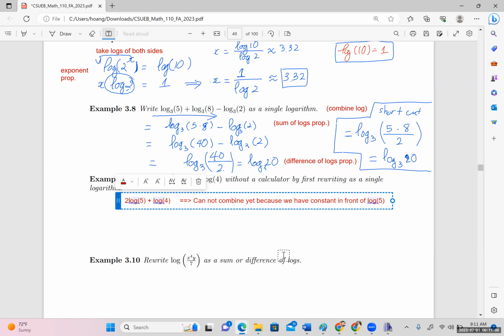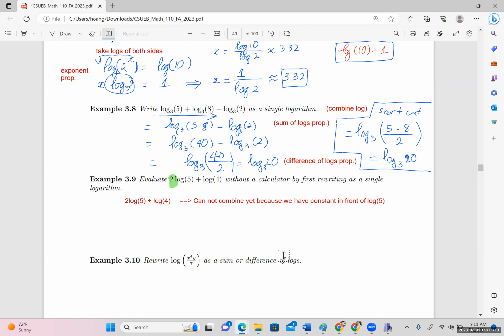How can we make this constant go away? The only way we can do it is to move this number 2 to become the exponent of 5. So we apply the exponent property for this one.